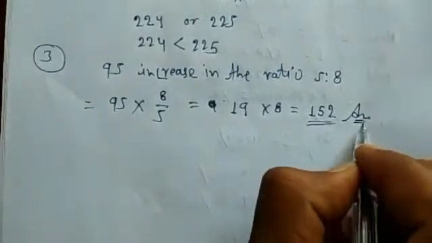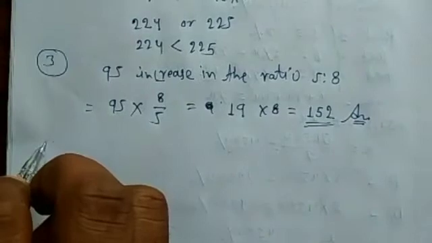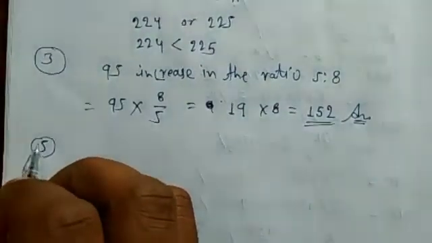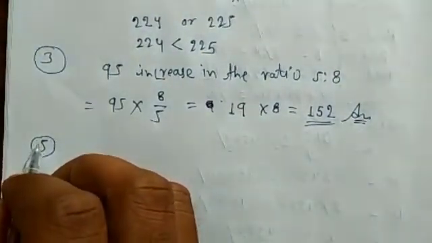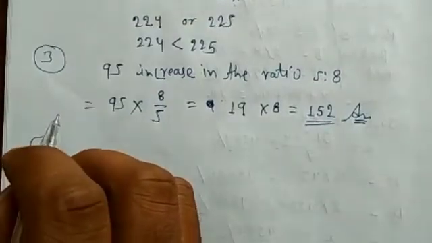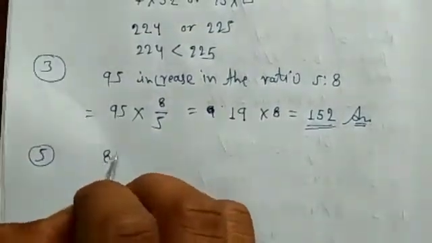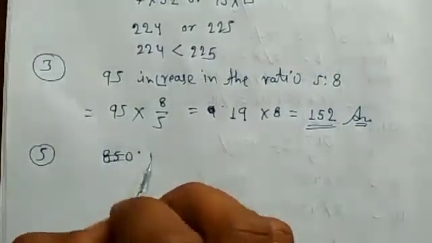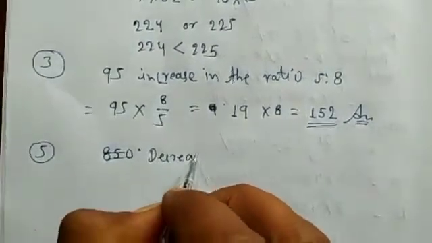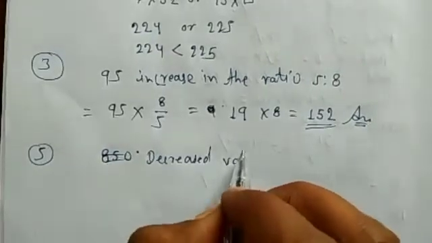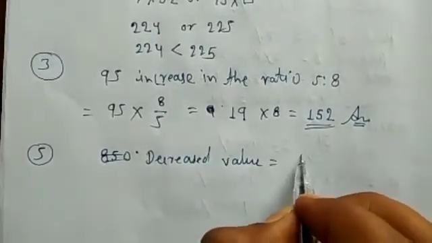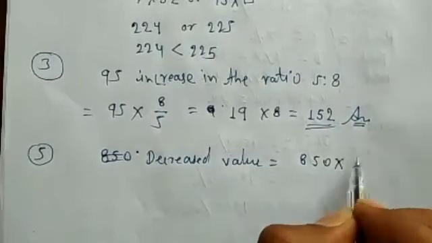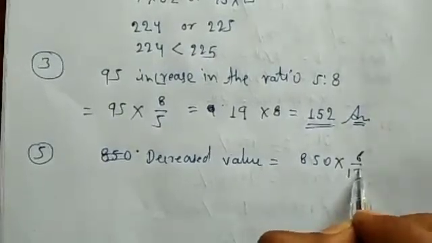This is the answer. Question number fifth question is decrease 850 in the ratio 17 ratio 6, means 850 we have to decrease. So decreased value, first of all write decreased value equal to 850 multiplied by 6 upon 17.